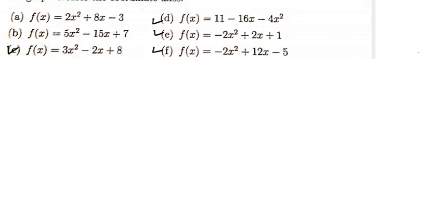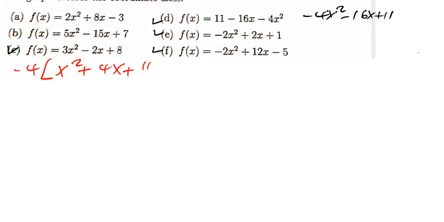Part D is negative 4x squared minus 16x plus 11. Let's factor out a, which is negative 4 in that case. So we have negative 4 times x squared plus 4x, since negative and negative is positive and 16 divided by 4 is 4, then minus 11/4, like that.